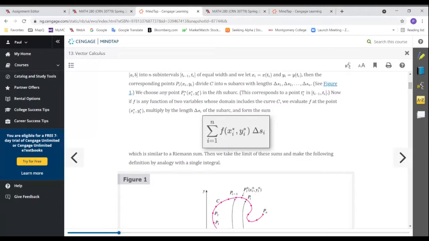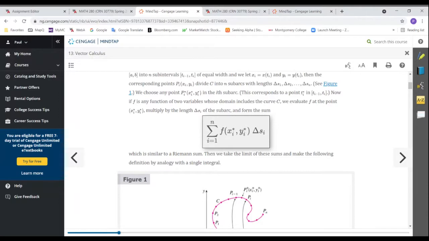The delta s sub i would be the ith arc corresponding to the coordinate x sub i, y sub i, which would correspond to some time. It's an interesting idea: take a value of a function and multiply it by the length of a little piece of an arc.